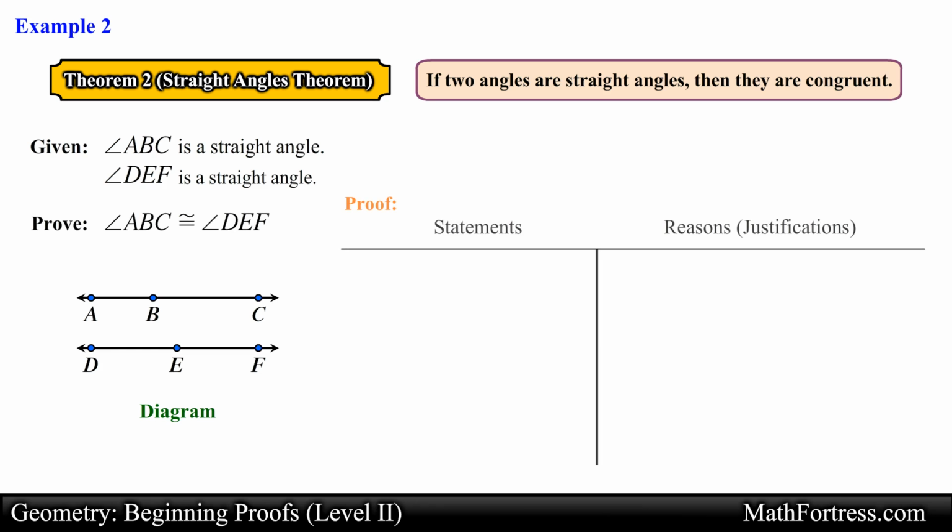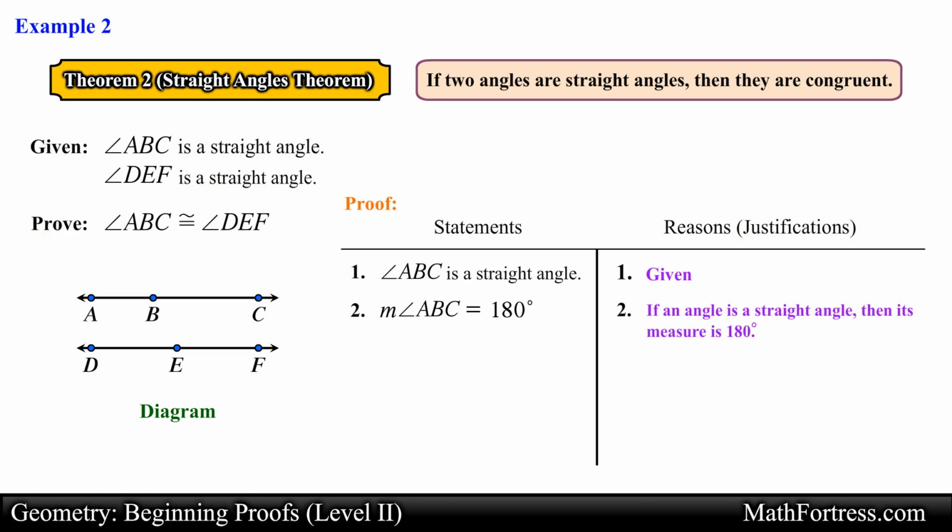Alright, we will start the proof by writing down the given information. In this case, angle ABC is a straight angle, and the reason is that it is given. Also, the measure of angle ABC is 180 degrees. The reason is because of the definition of a straight angle.